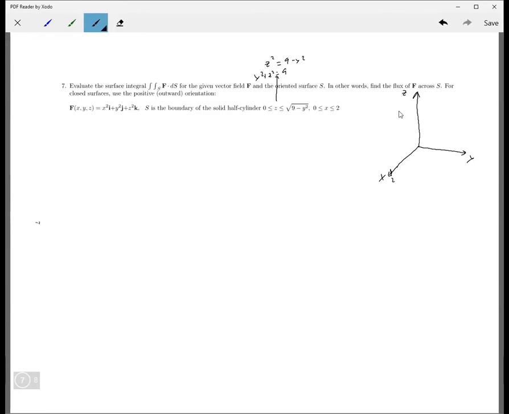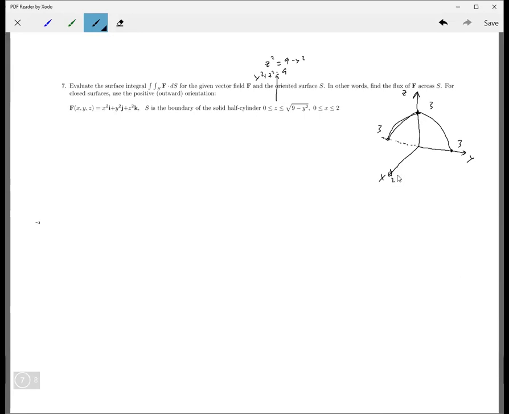So if you come out, and the radius is 3, right? So if you come out here to 3, and then over here to 3, and then up here to 3, then you have this kind of half circle right there, right?